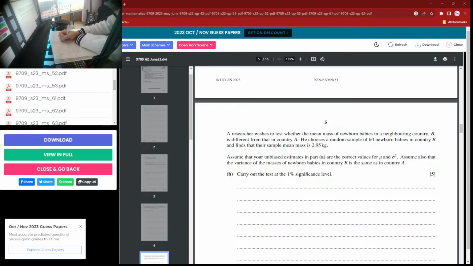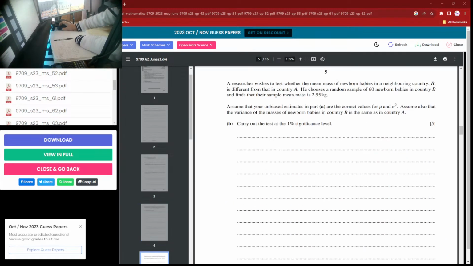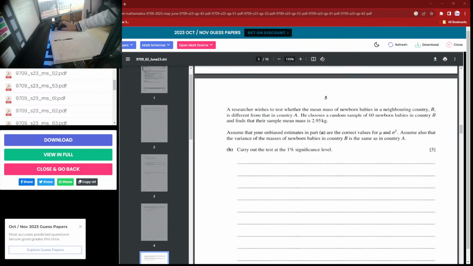So let's just start with more than. Sorry, not 2.95, 3.25. So we have to see if it's the mean mass of the newborn babies in country B, because what we calculated just now is country A, so country B would be different.